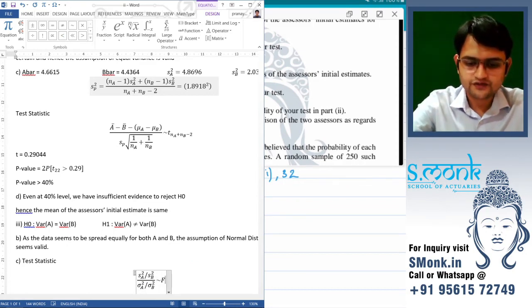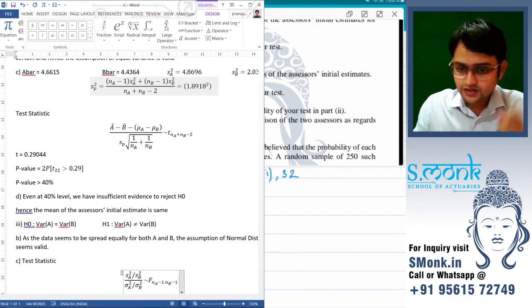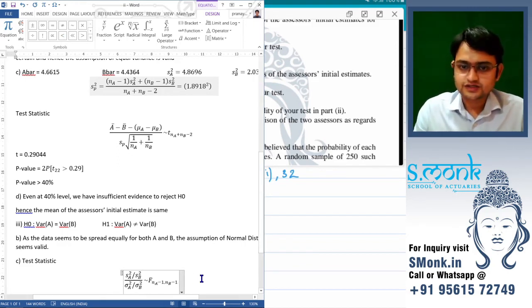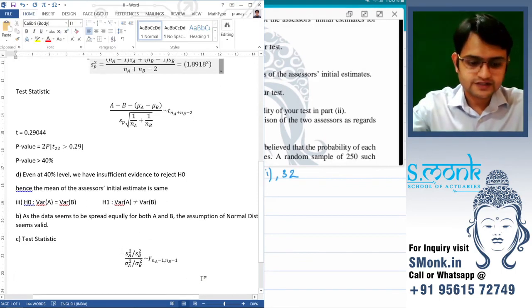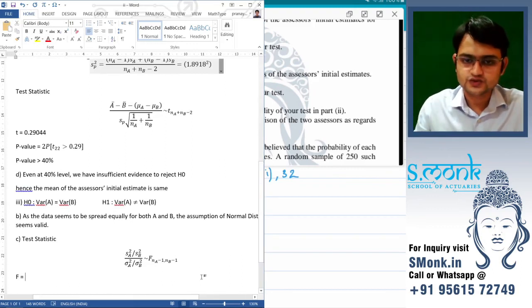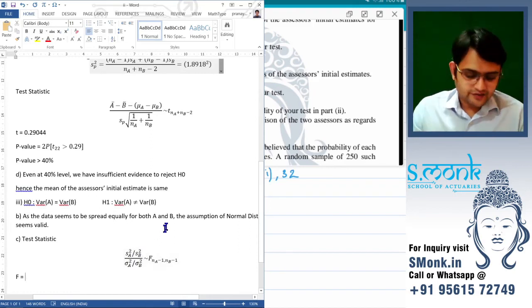This follows the F test. So F underscore NA minus 1 comma NB minus 1, so N underscore B minus 1. So this is our test statistic. We'll calculate our test statistic. I'll say F is equal to, because the sigmas are equal, it is just SA square divided by SB square.